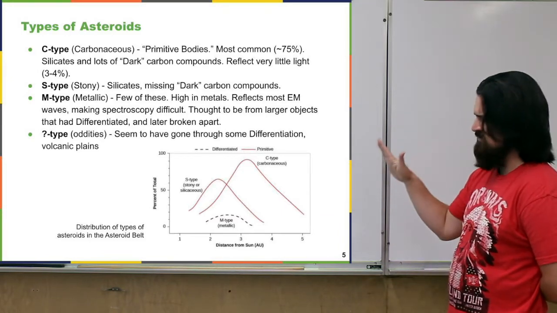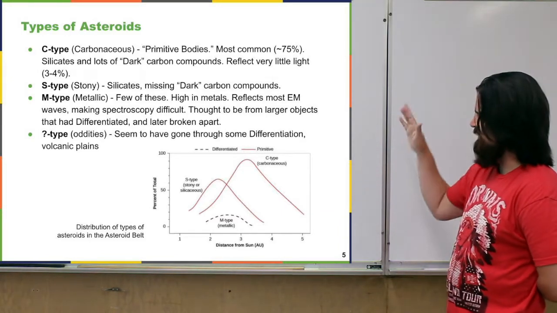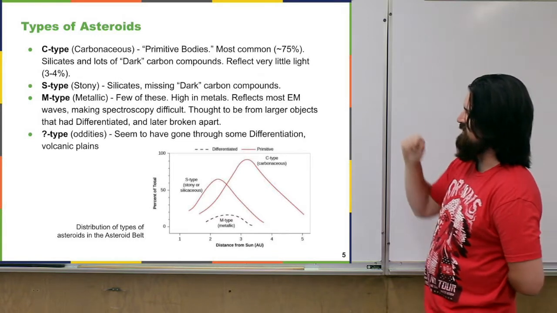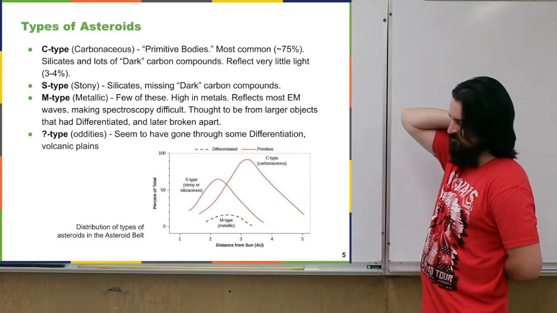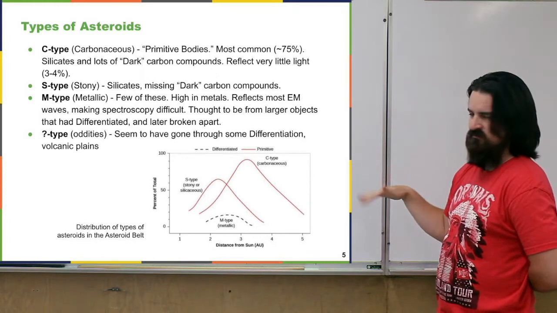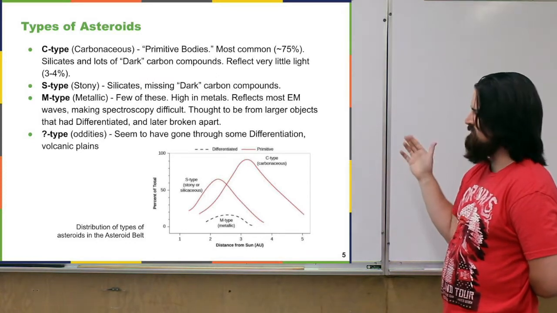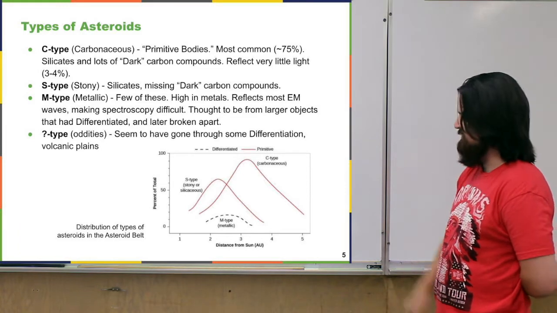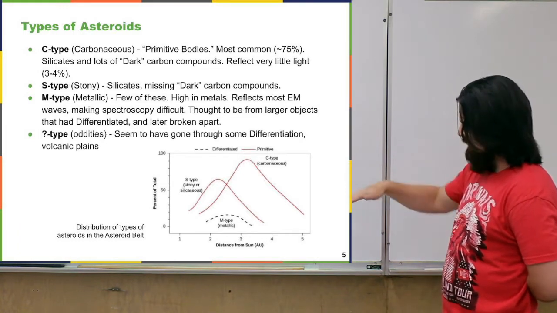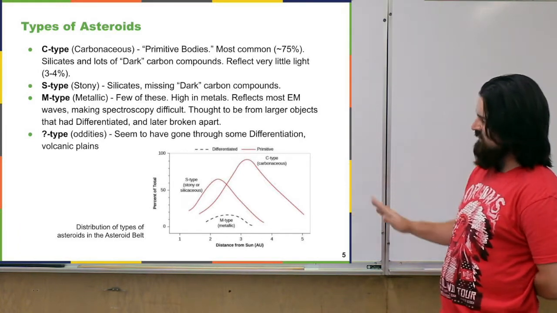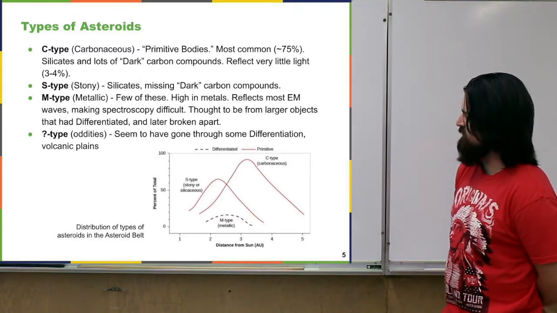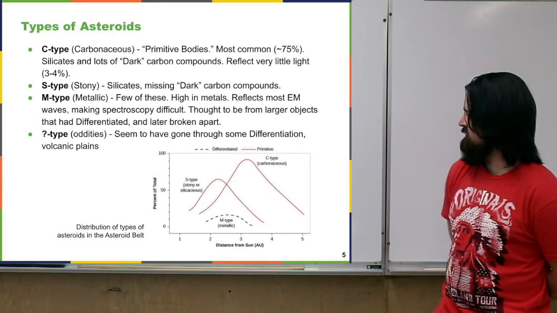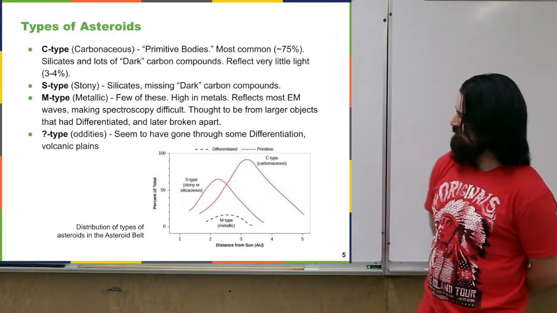And metallic ones are pretty rare relative to the C and S-type. These two probably make up more than 90% of the asteroids we see, and metallic is maybe a couple percent, and the oddities are less than 1%, I would guess. The oddities aren't even on this graph, but the metallic ones, there's a little bit, and they seem to peak in between the stony and the carbonaceous types.